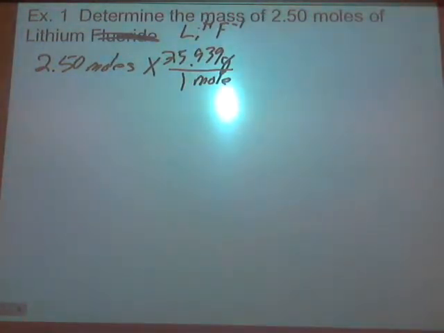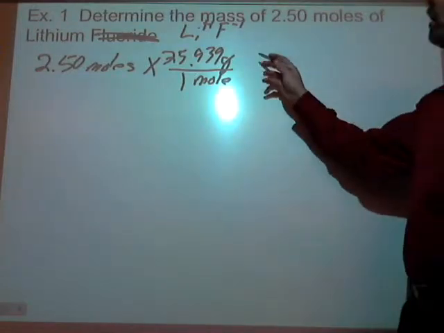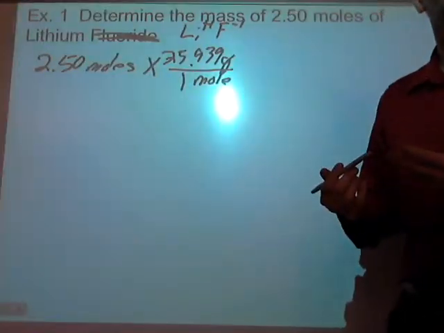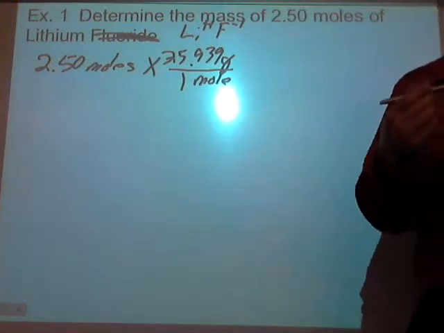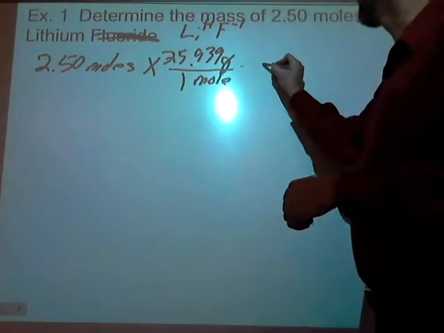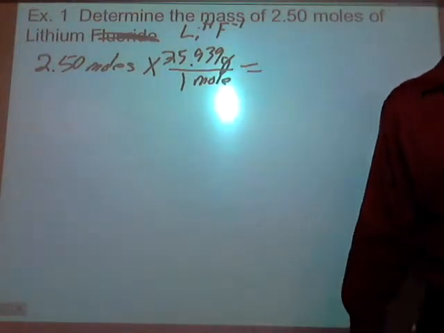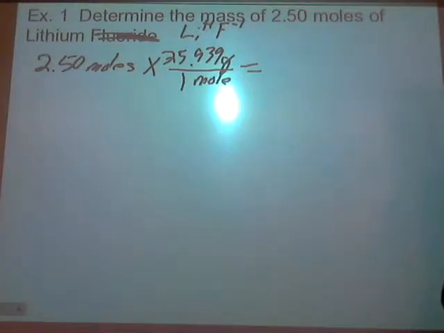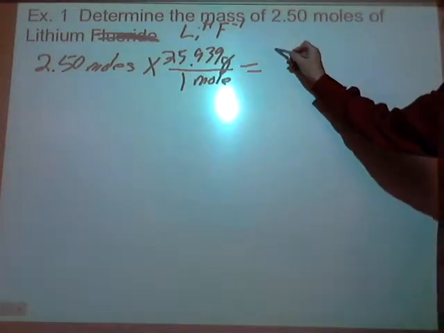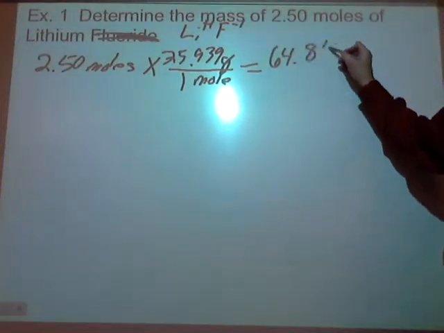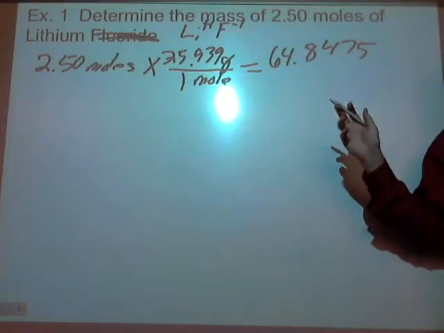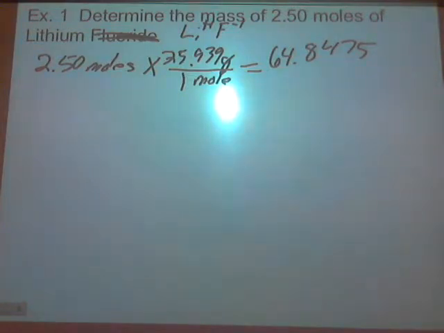You see where that came from? Does everybody see where that came from? It is simply the mass of Li and F added together, because this time we're doing a molecule, not just an atom. Good. All right, get your calculator out, multiply that out, see what you get. You get some long number like that maybe on your calculator, right?